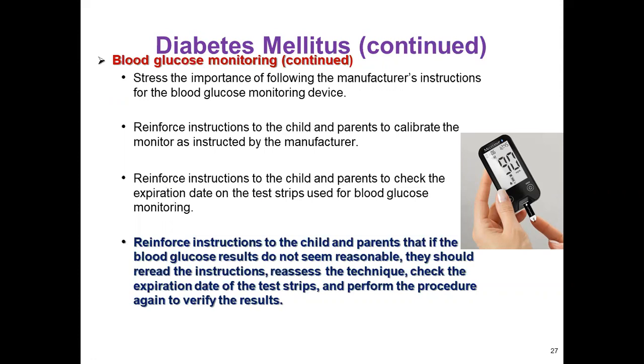Also, if blood glucose results do not seem reasonable, they should review the instructions or reassess the technique, check the expiration date of the test strip, and perform the procedure again to verify the result. So now, next here.